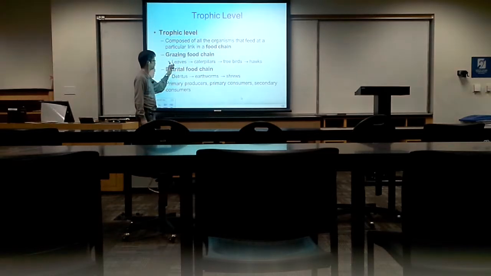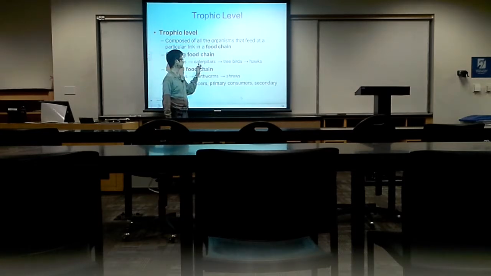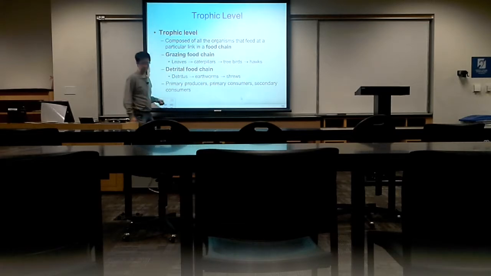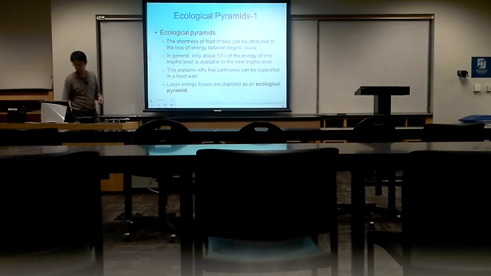So this is the producer, the first trophic level. The second trophic level is the primary consumer, which is the herbivore. The third trophic level will be this omnivore, tree birds. And then the fourth trophic level will be the carnivore, hawks.